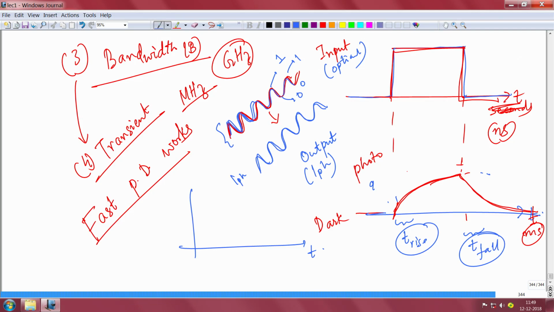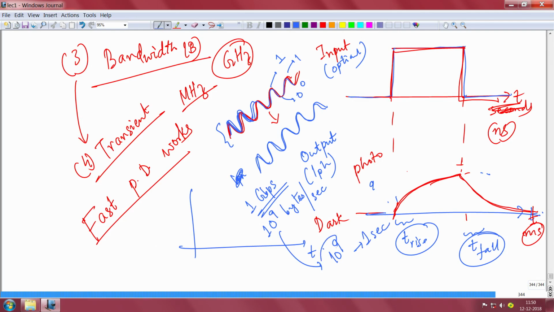And if your internet in fiber optic cable works at a speed of 1 Gbps, it means 10 to the power 9 bits per second are coming to you. Actually 10 to the power 9 means that your light has to switch on and off 10 to the power 9 times in 1 second. Please remember that.